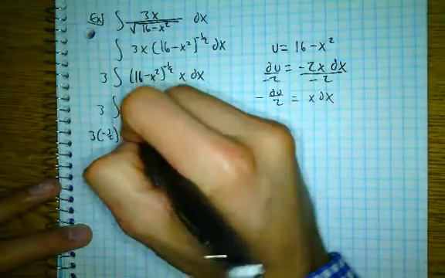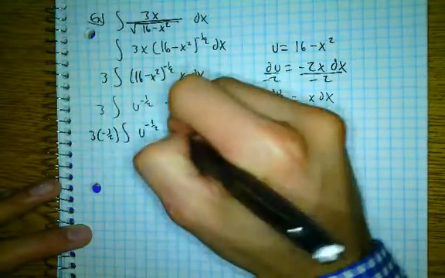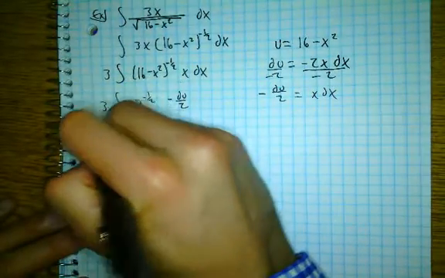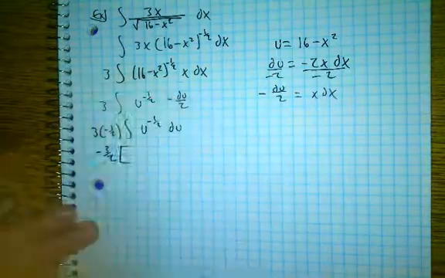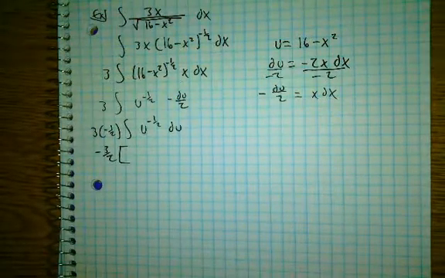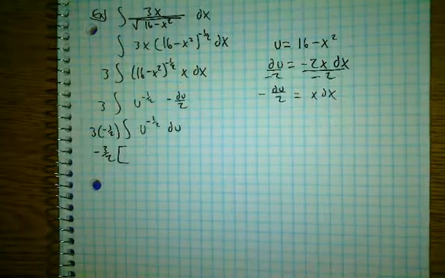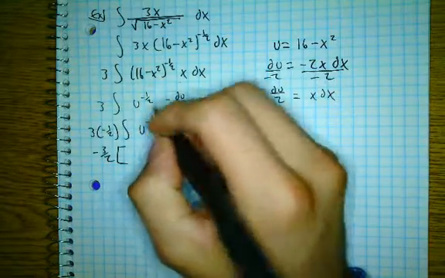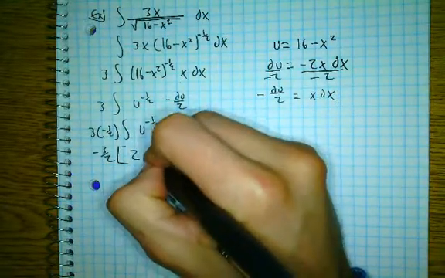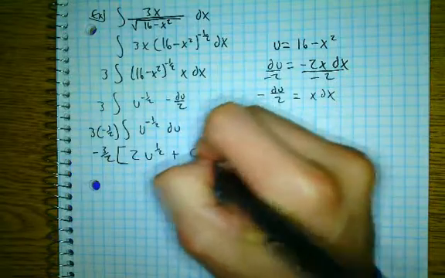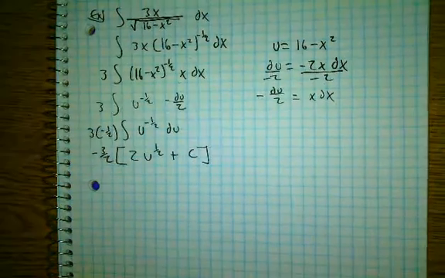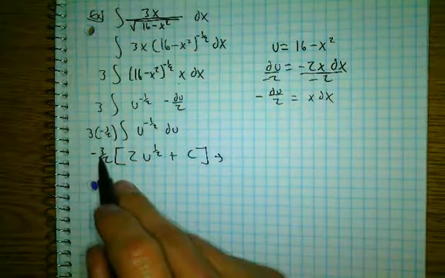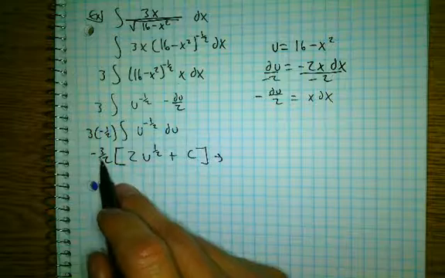So then this becomes negative 3/2 times, what's the antiderivative of u to the negative 1/2? So 2u to the 1/2 plus c. Agreed? Therefore, the answer to this would be, well, what's going to happen when you do negative 3/2 times 2? The 2's are going to cancel out, leaving you with negative 3.